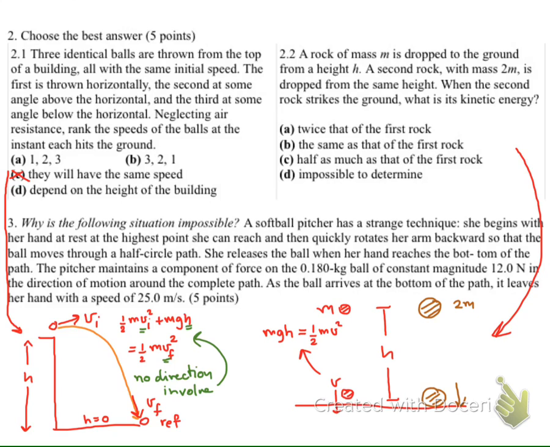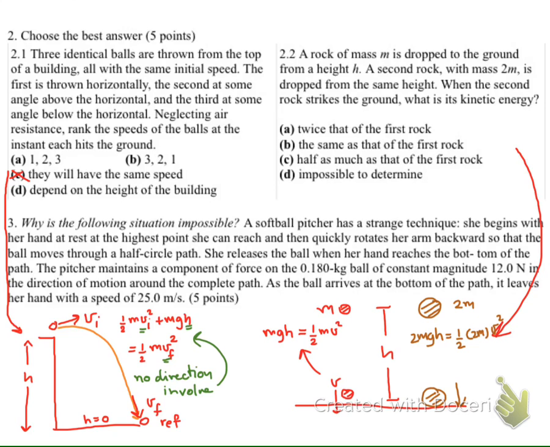And you can see that we can use the same principle. 2mgh is equal to 1/2 of 2m v square.